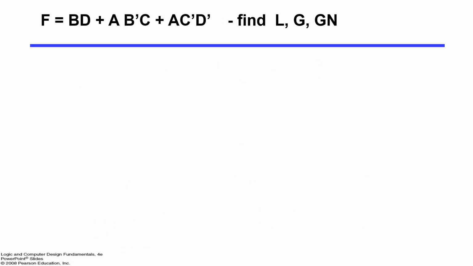So let's take this example. So how many literals first of all? Yes, you can count 1 2 3 4 5 6 7 8. So how many literals we have? 8 literals. Now let me say how many gate count is there.